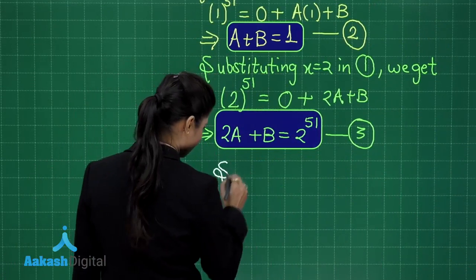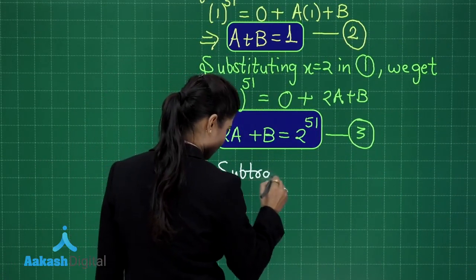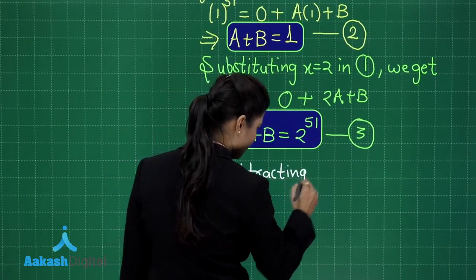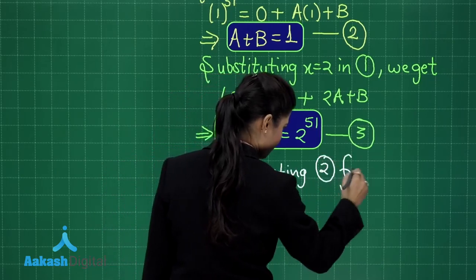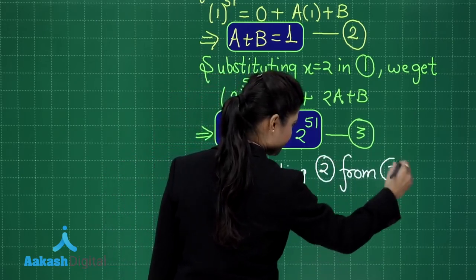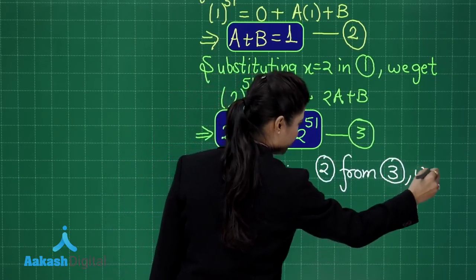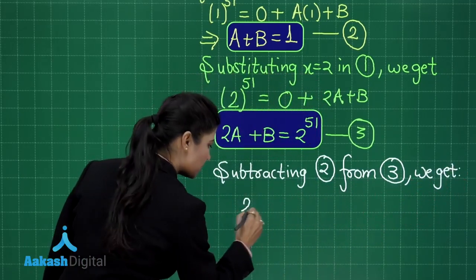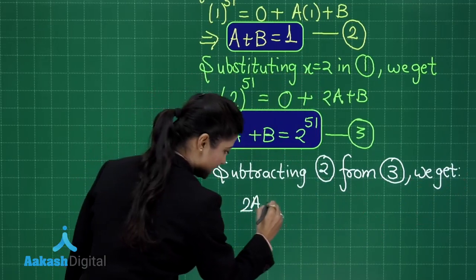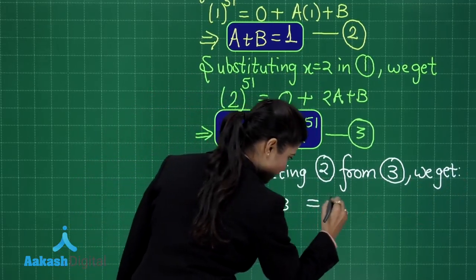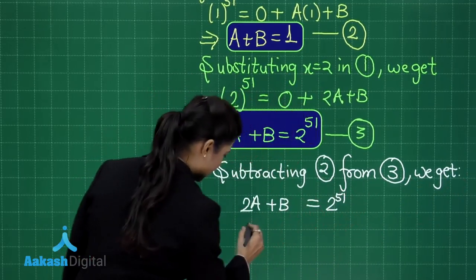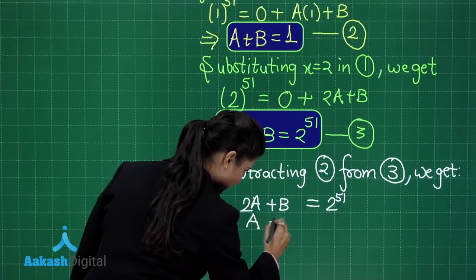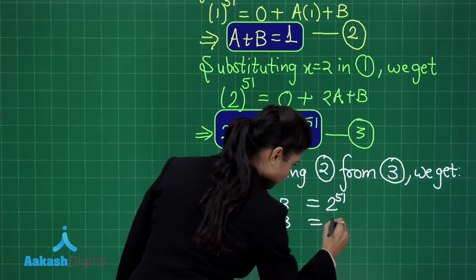So subtracting equation number 2 from equation number 3, so that we are able to figure out the values of a and b. This is equation number 3, twice of a plus b equal to 2 raised to the power 51, and here I have equation number 2, a plus b equal to 1.